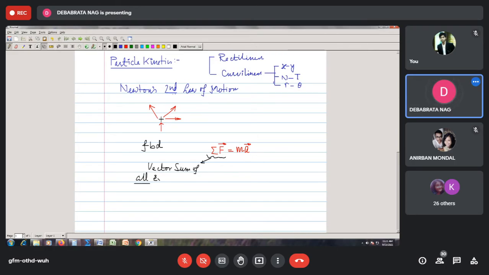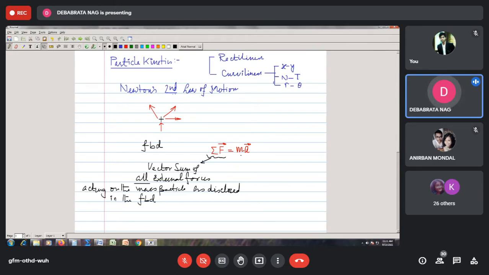This is important: you need to take all external forces acting on the mass particle, as disclosed in the free body diagram, the FBD. So you take the free body diagram, show all the forces which are acting on the particle and consider this.